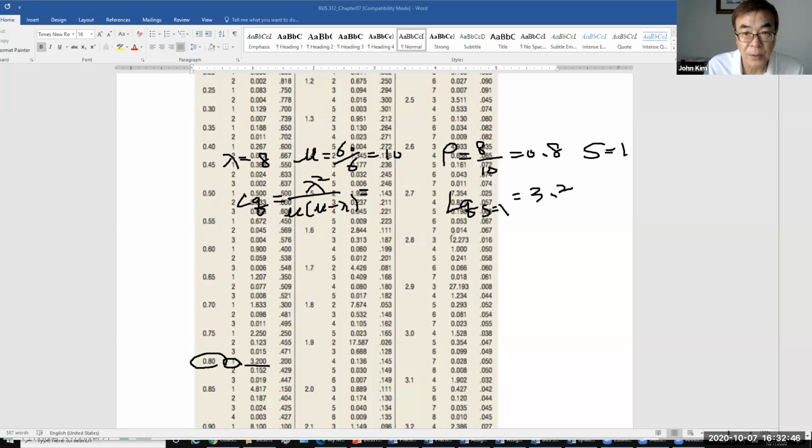And then if we hire one more, LQ when S equals 2 is 0.152.